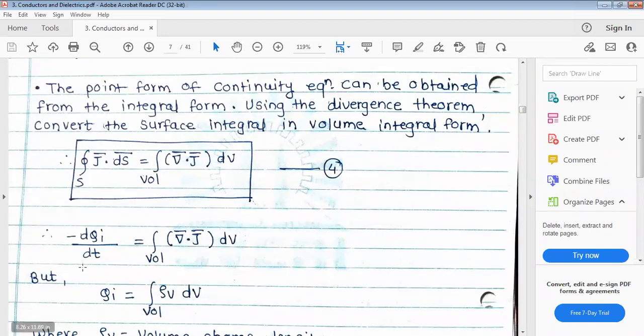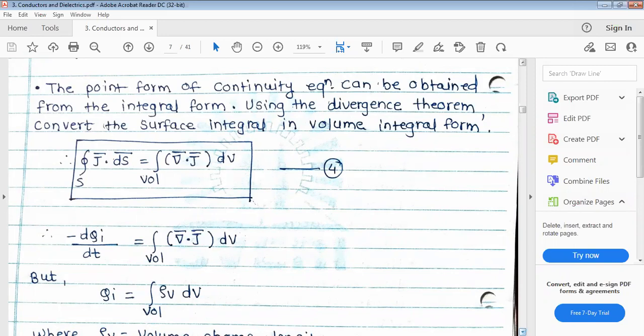If we write the equation for only charge, this charge q can also be written as the volume integral of rho v into dv, right? And what is this rho v? Rho v is equal to del dot d bar. So we can also find the charge from this equation.